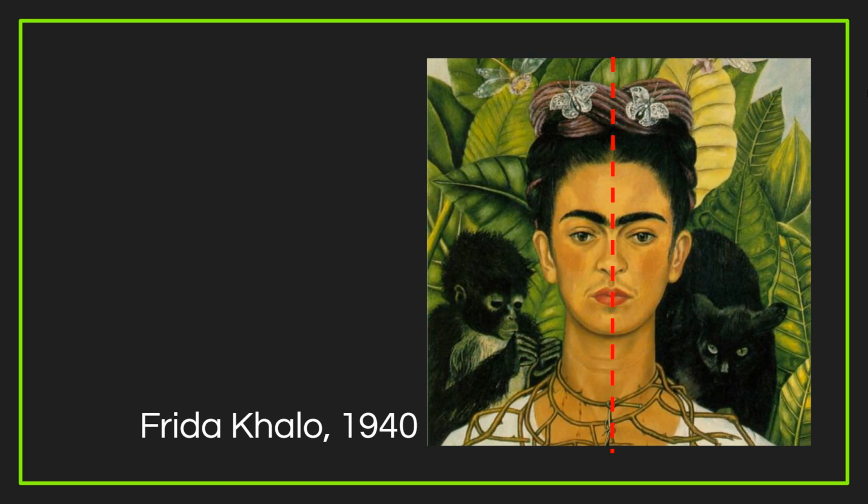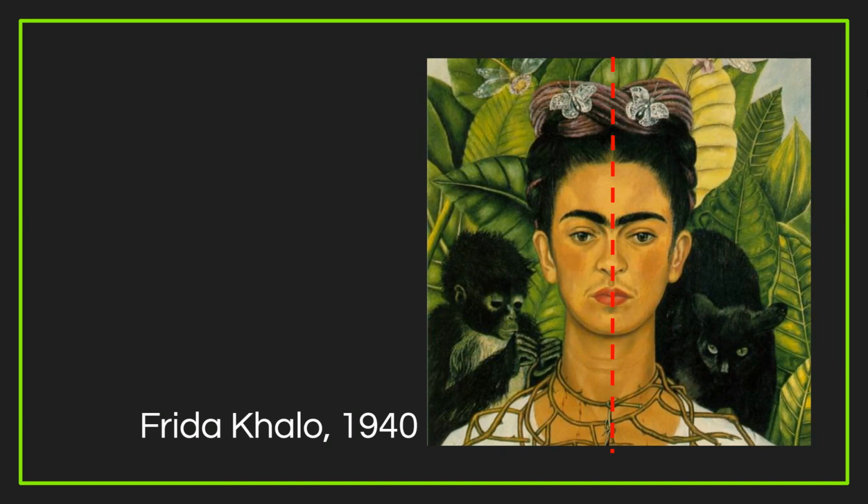Do you see something black and big on the left-hand side? Do you see something on the right-hand side that is also pretty big and black, taking about as much space? Yes. What about green? Is there about the same amount of green leaves on both sides? Yes. Look at the thorn necklace that she has.